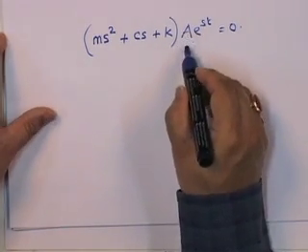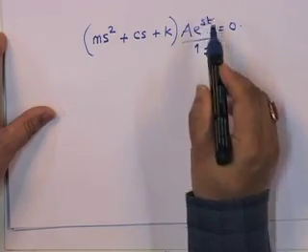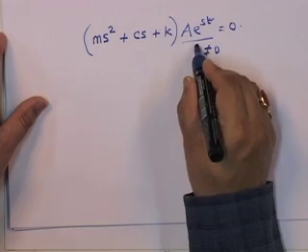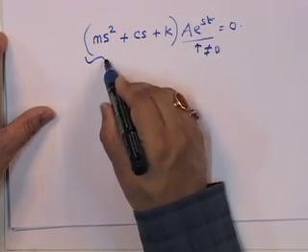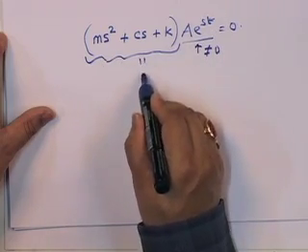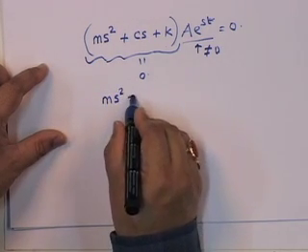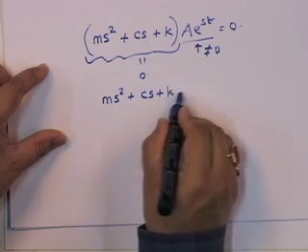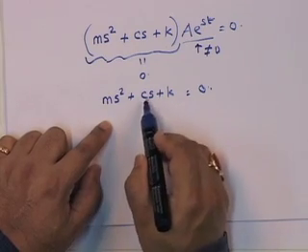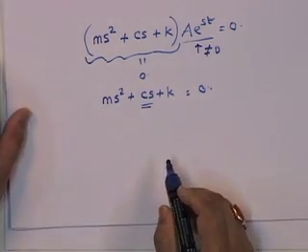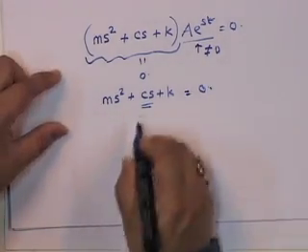Now, we have already seen earlier that A e to the power of s t is not equal to 0, because if it is equal to 0, we get back the trivial solution. So, this is not equal to 0. For this equation to be always 0, it is implied that m s squared plus c s plus k has to be equal to 0. You see, this equation is identical to what we had obtained earlier, excepting for this additional term. And this additional term is going to make it a very interesting solution. So, now let us see.